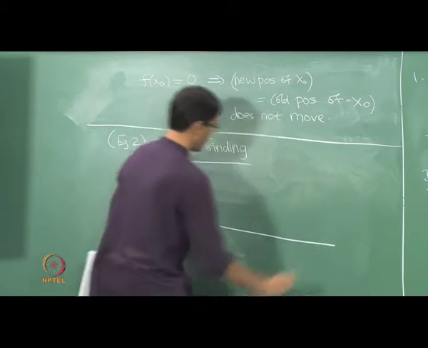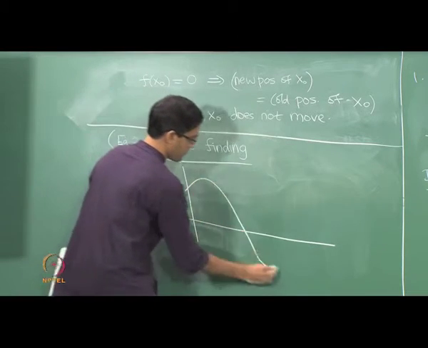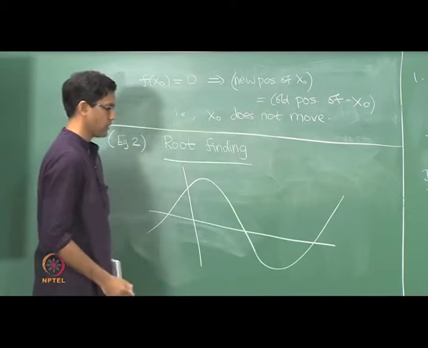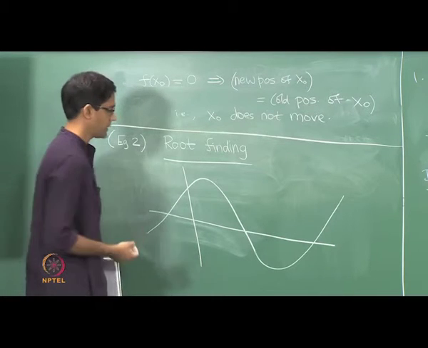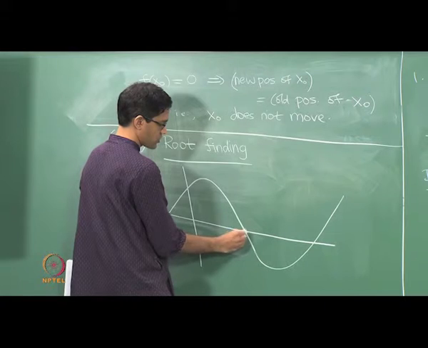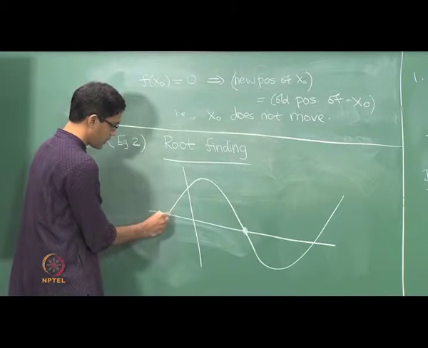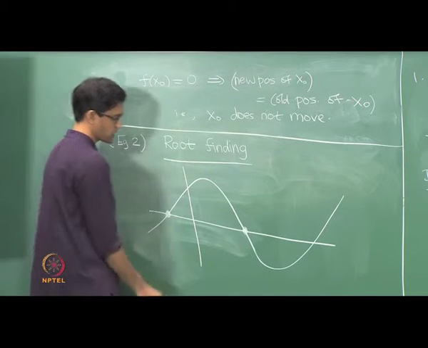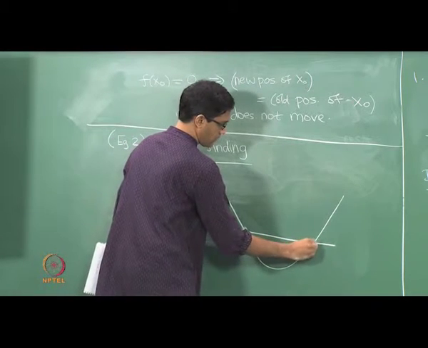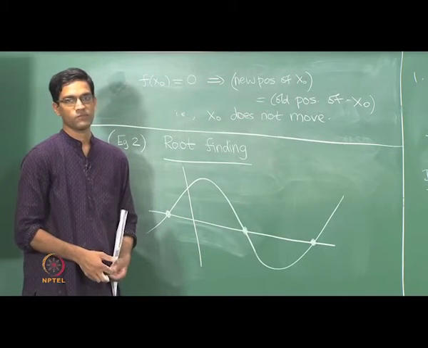Suppose I have a function f. A root of course is a value of x at which the function takes the value 0. It's a point at which it cuts the x axis. So here for instance is a root of this function, and the way I drew it here, there are 3 roots, 3 places where it cuts the x axis.